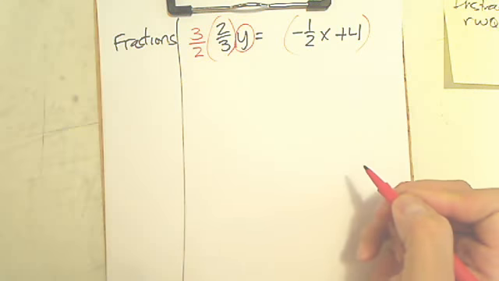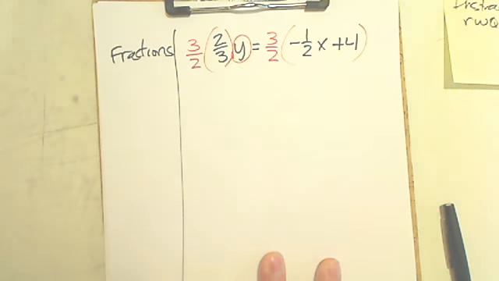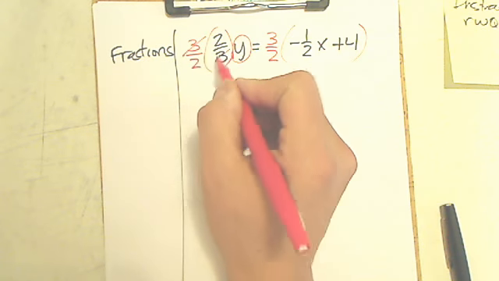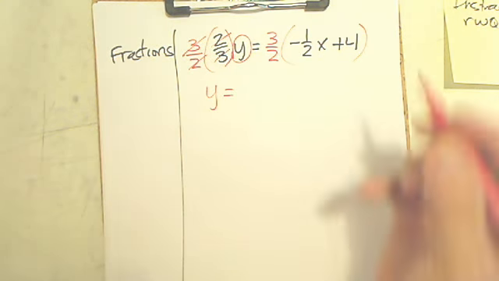Reciprocal. 3 over 2. This is never going away. What happens to the front end of it? Everything cancels. Now you have y equals.